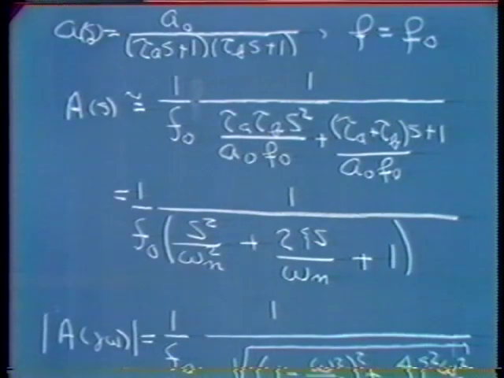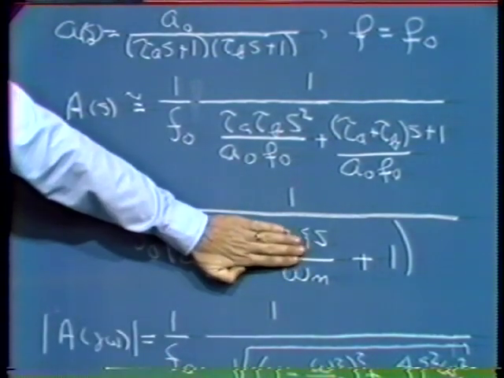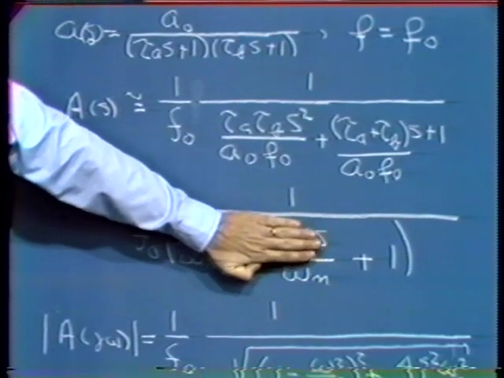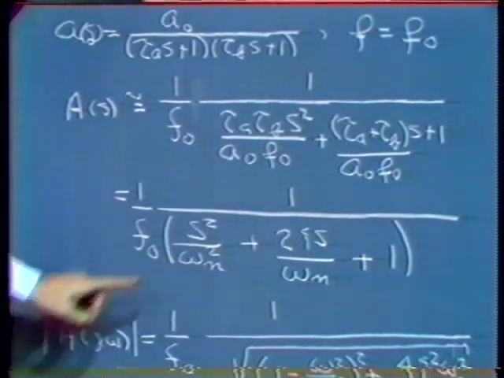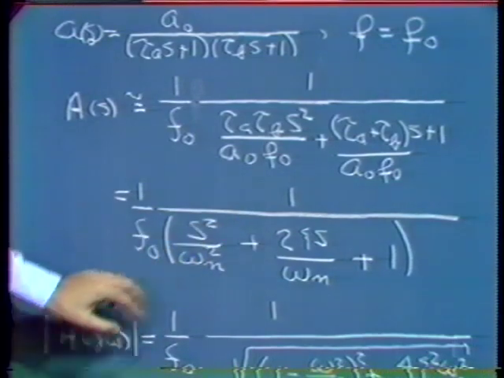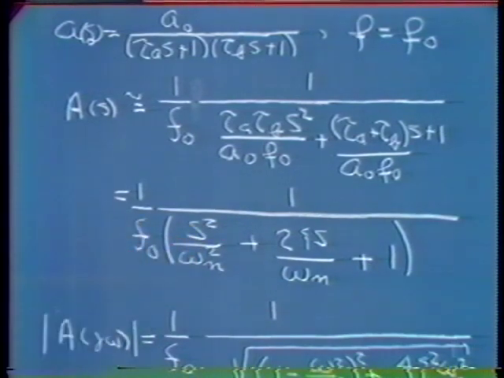Again, our standard form, as in the case of the first order standard form, has unity DC magnitude when the s terms are unimportant. We then get the behavior that we'll see in a moment at higher frequencies.